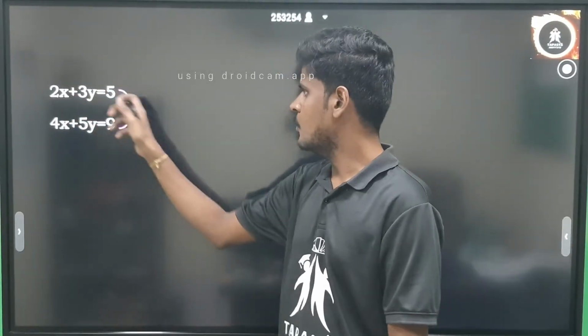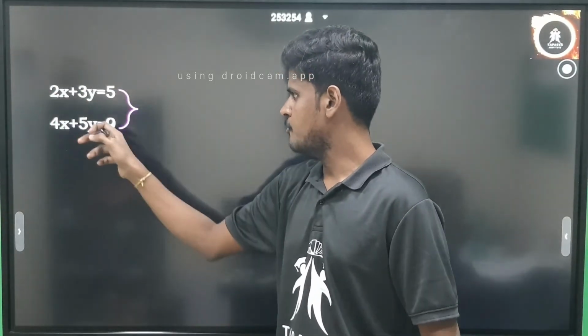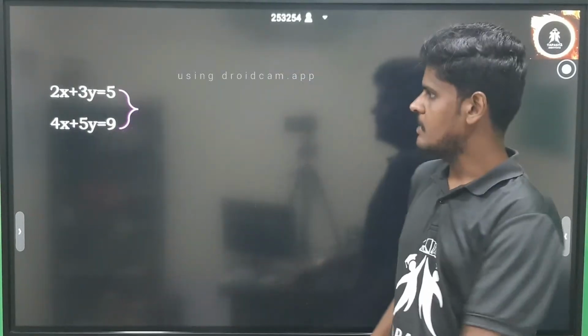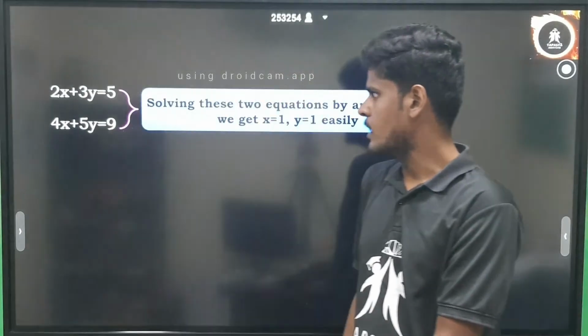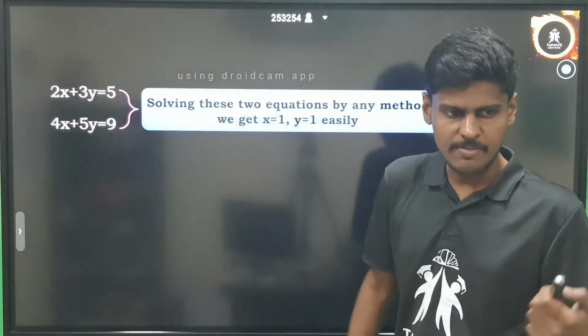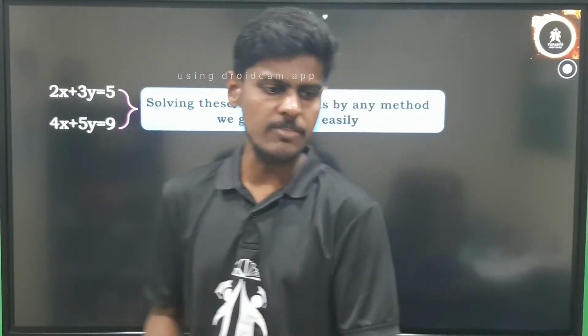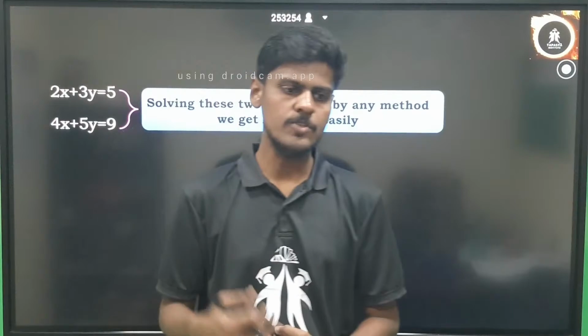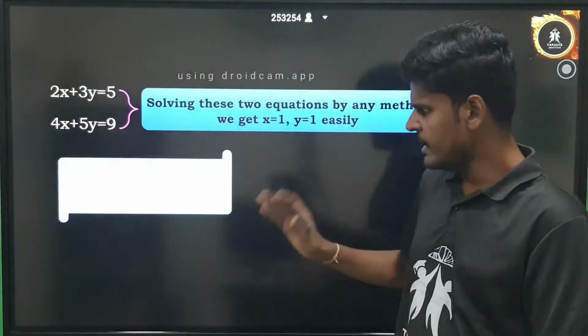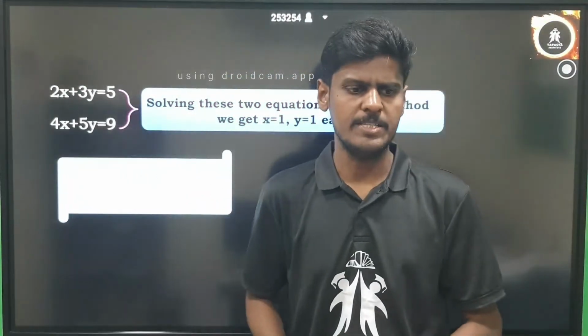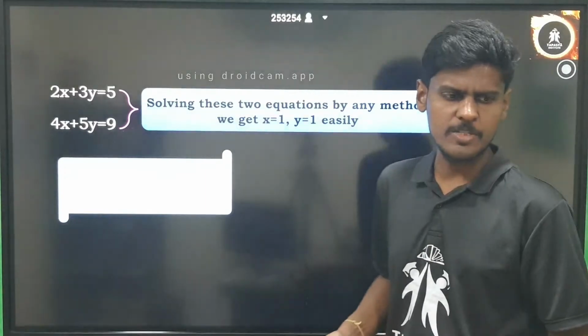x equal to 1, y equal to 1, which means 2 plus 3 is 5, 4 plus 5 is 9. That means x and y should be 1. So that is the answer. We can solve this easily. Suppose we want to find 3 equations with 3 unknowns. Then how to solve? Again we have many methods like the matrix method, determinants, Cramer's rule.